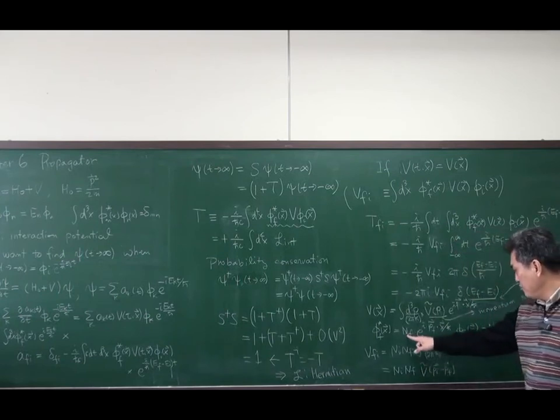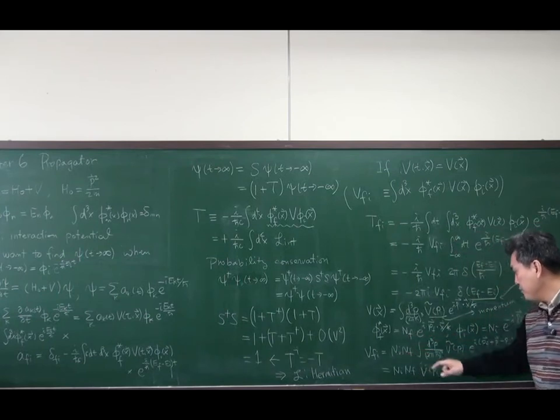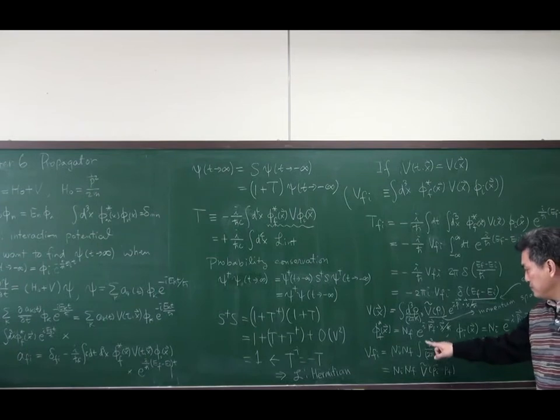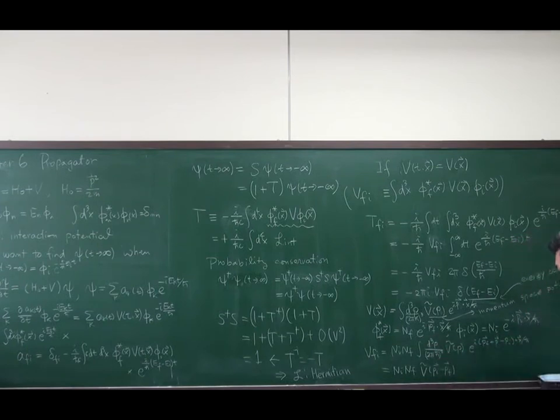Then I find the overall factor product N_i N_F, and I have a momentum space integral, the momentum space potential, and oscillating factors in the spatial part, and they all depend on x. So I factor this x out.